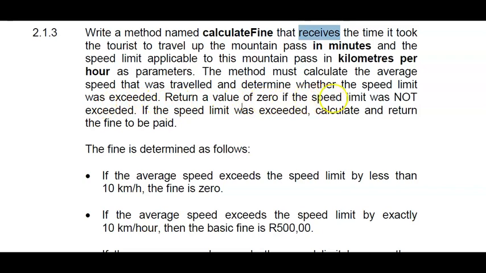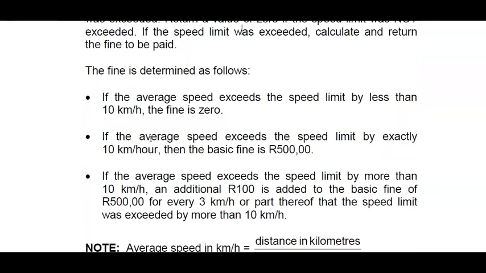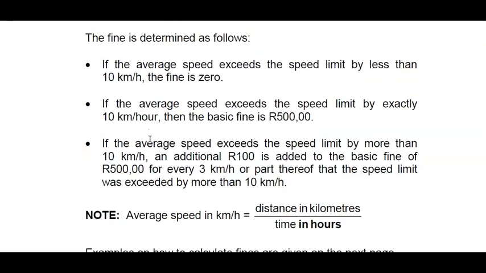Return a 0 if it was not exceeded, but if it was exceeded, we have to do the following. Now, if you haven't downloaded this paper, I suggest you take a screenshot of this because you will need it for the next bit. There it tells us how we are going to determine the fine. If the average speed exceeds the limit by less than 10 kilometers, the fine stays 0.